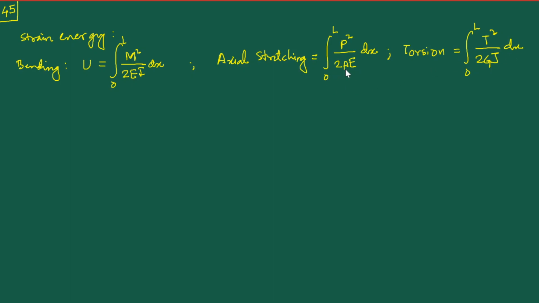And here of course you note that this A is the cross-sectional area of the beam or rod under concern, and this G here is the shear modulus, this J is the polar moment of inertia.